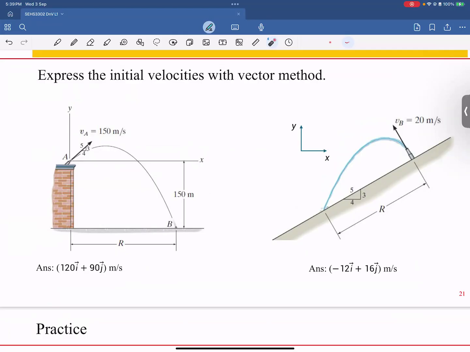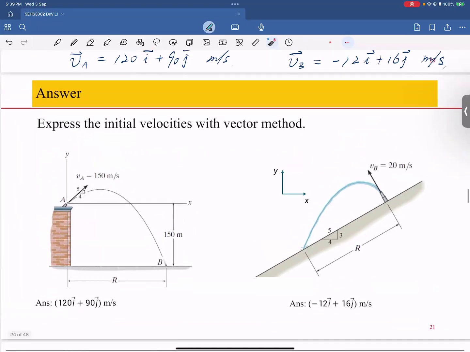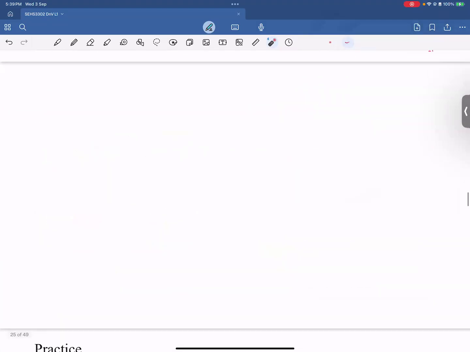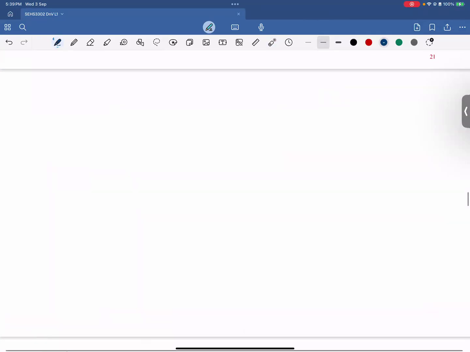Okay, let's summarize. So after this, we're going to have a map. We learn the keyword of this lecture is unit vector. And we know we can use it to describe different variables.